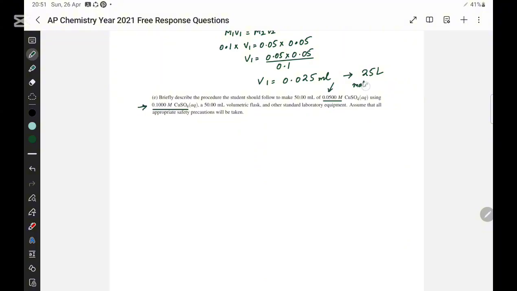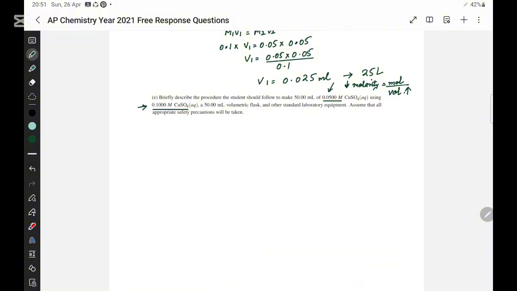Molarity is equal to moles divided by volume, so you need to increase the volume of water, because molarity and volume are inversely proportional, so the molarity becomes half.